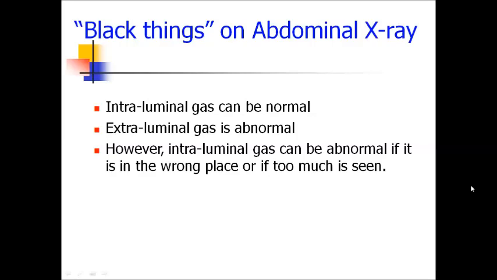However, intraluminal gas can be abnormal if it is in the wrong place, or if too much abdominal intraluminal gas is seen. And a very important point: extraluminal gas is always abnormal.